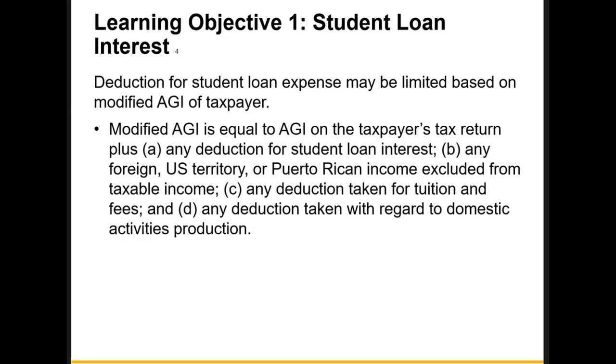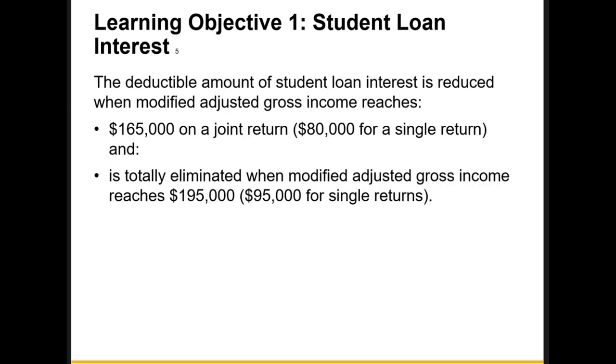So you have to look at your AGI before you subtract out the student loan interest to see where you fit on the threshold. And here are the amounts where the phase out starts to happen.